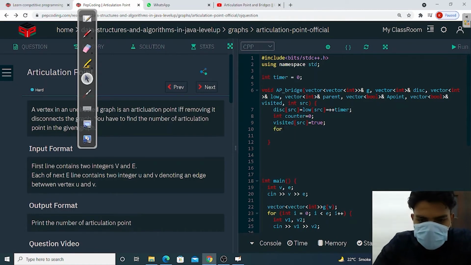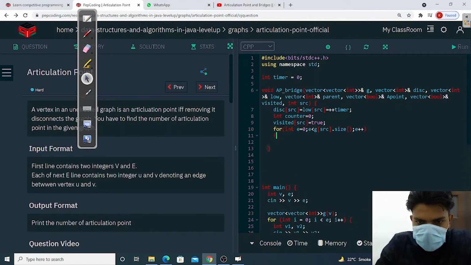So we write a for loop: for e equal to 0, e less than g of src dot size, e plus plus.